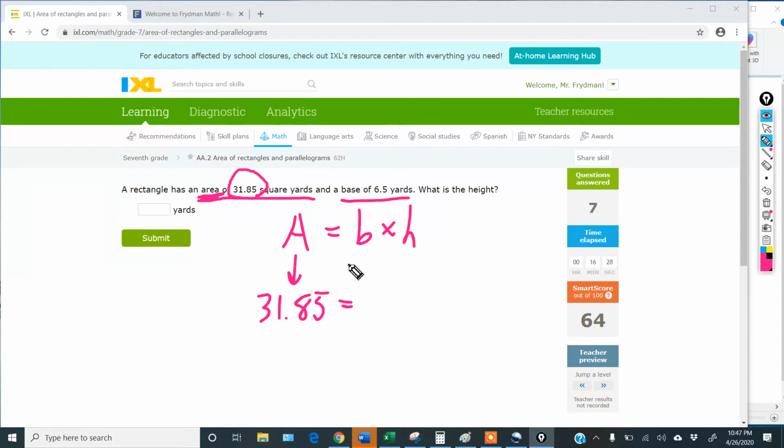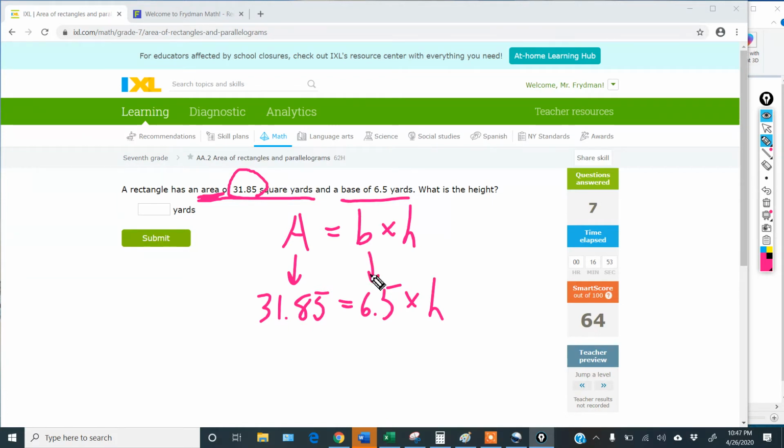Okay, if you put that here for B or here for H, you will get the wrong answer. Now the base is 6.5 yards. I'm going to put that here under base. If I made a mistake there and put the 6.5 here for H instead of for B, that would have been okay, actually.